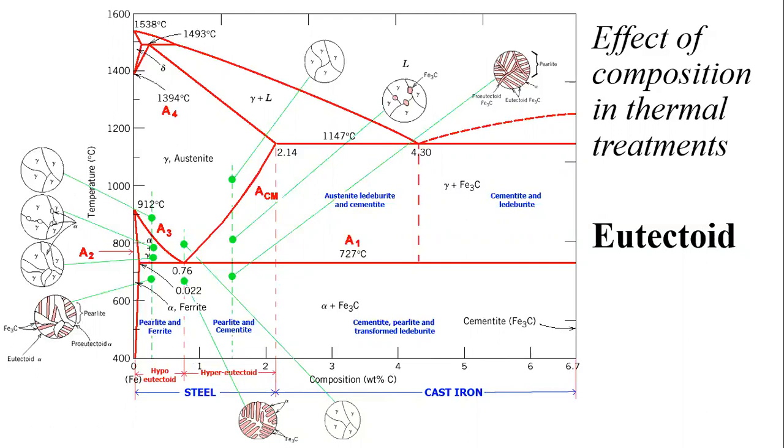This diagram will tell you what is going to be the microstructure or the phase, let's say the crystalline structure, that you're going to have, depending on how much carbon you still have and the treatment that you give the steel. Now, the specific composition of an alloy system will usually have a great effect on the results of heat treating.